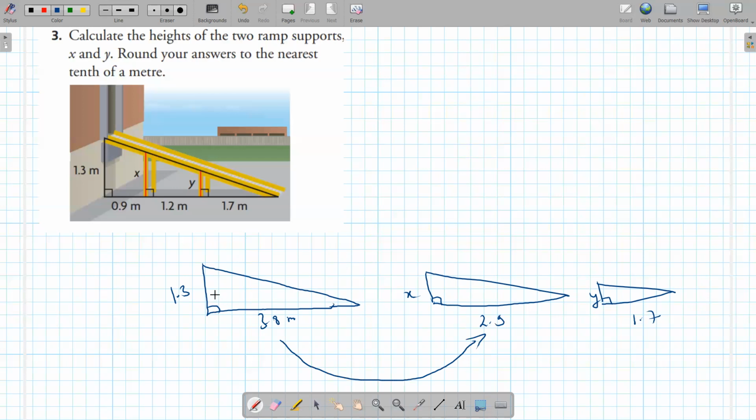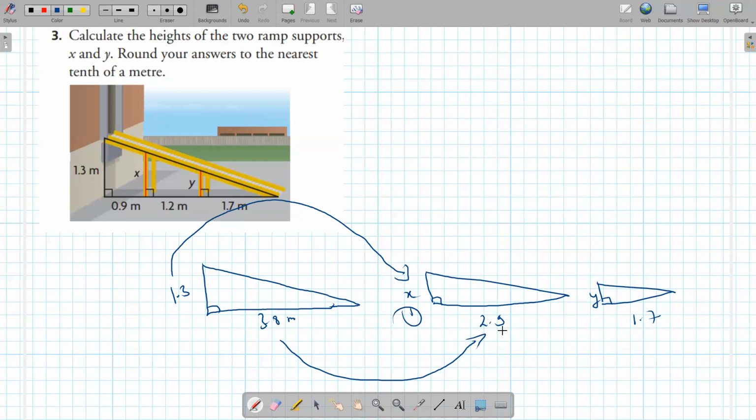Right, 1.3. Now the question is, do you divide or do you multiply to get x? Divide. Yes. So what will be the answer? It should just be 1, no? 1.3 over 1.3. So x is 1.